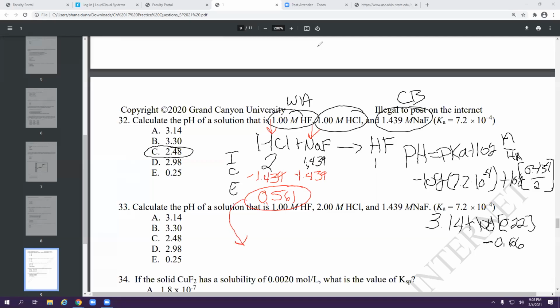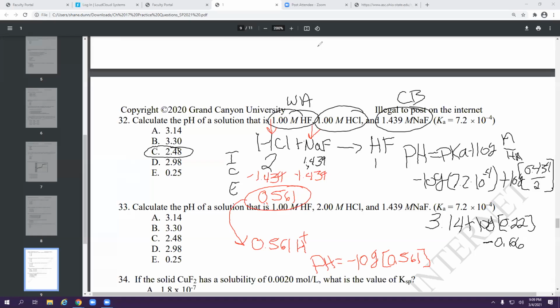I don't care, I stop right at that process. That is my concentration of my strong acid now. And strong acids do what? So it's 100%, right? That is my concentration of my hydrogen ions. To find the pH, I do what? Negative log of 0.561. I don't care how much weak acid I make, I have strong acid. Much more important.